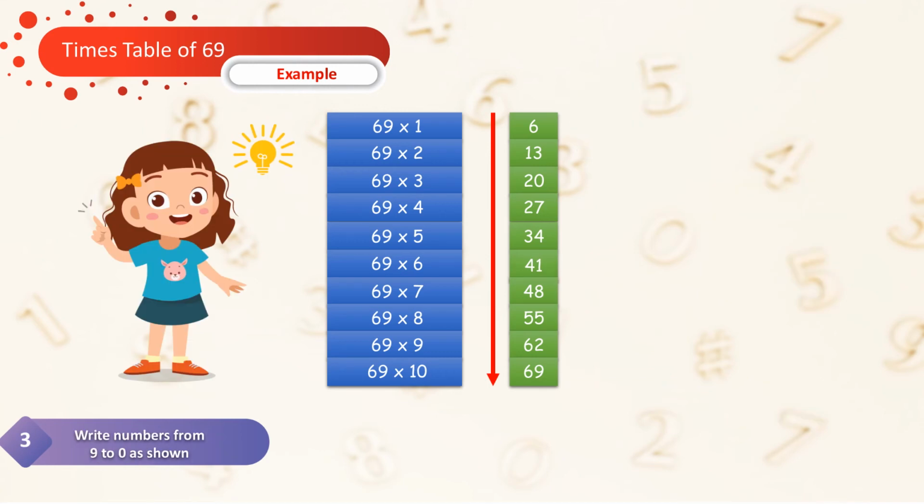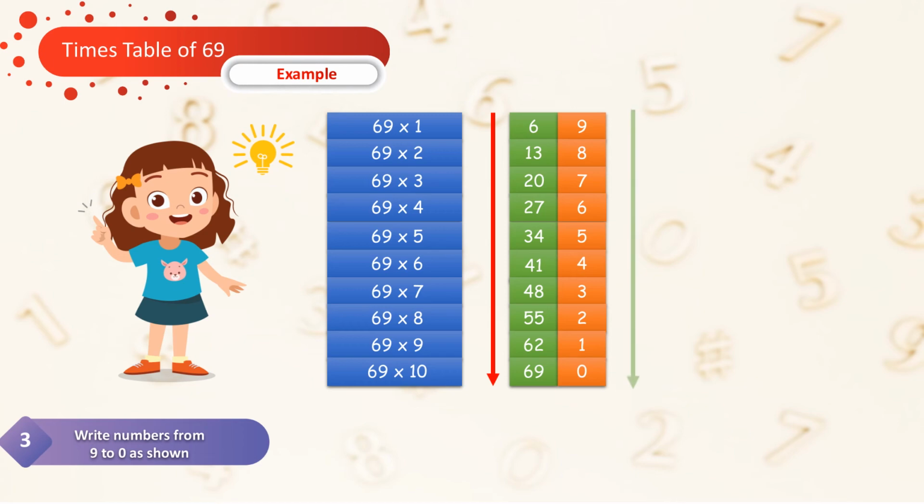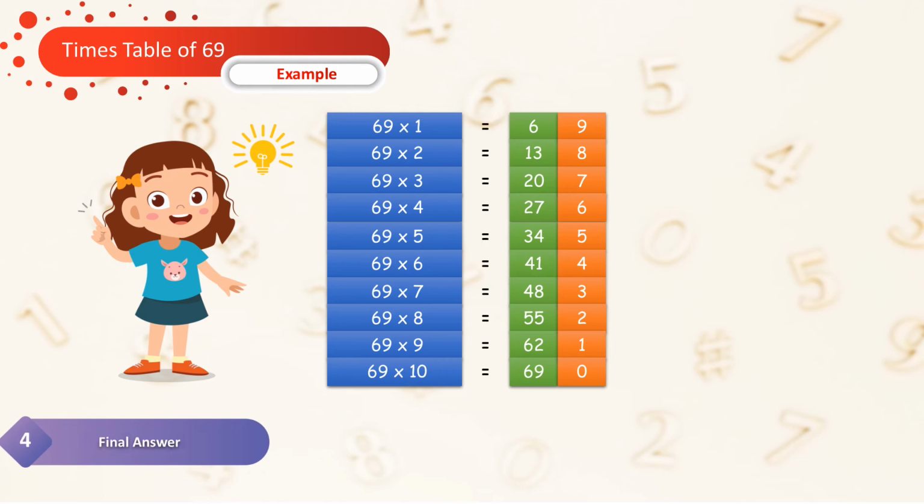In step 3, we write from 9 to 0 starting from the top. 9, 8, 7, 6, 5, 4, 3, 2, 1 and 0. And that completes step 3. You can do step 4 by yourself now. Just join the 2 digits that we have got and you get your tables ready.